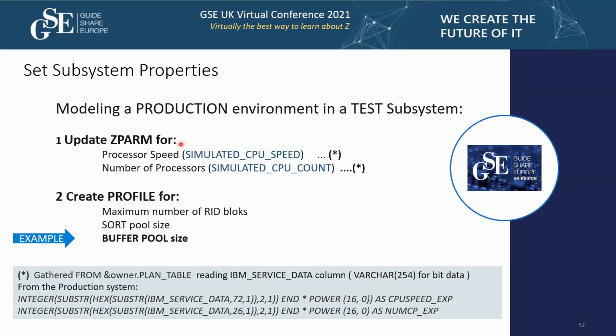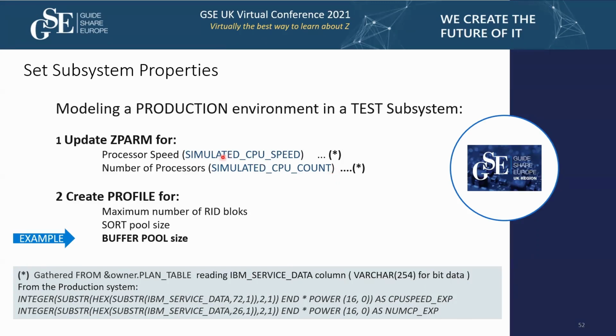For example, you have to change the simulated CPU speed and the simulated CPU count, because by changing those values, the DB2 optimizer will believe that you are in production instead of the test environment.